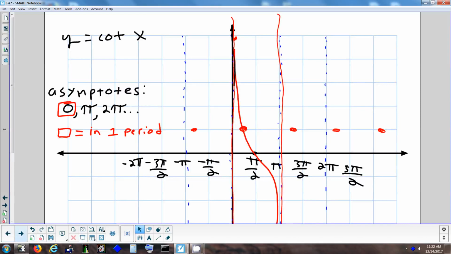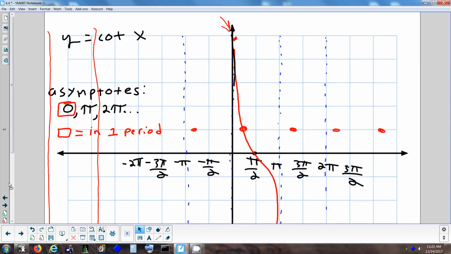It can't be in both. So let's say that blue dotted line that I'm pointing to is part of that area.